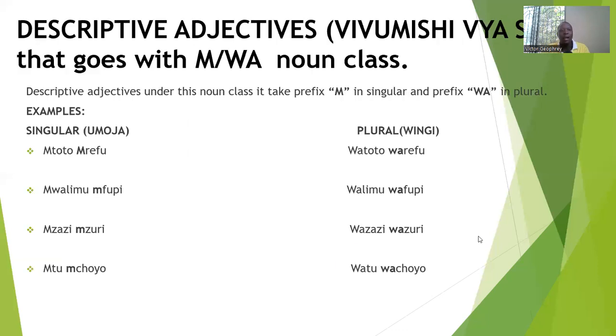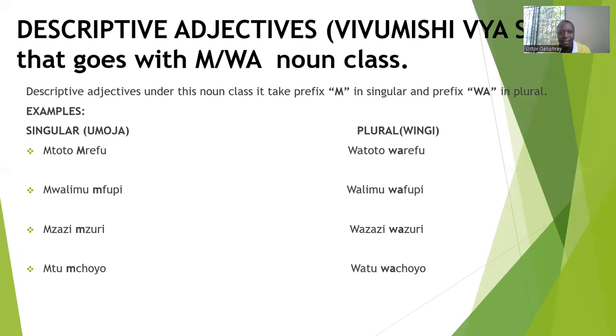Now let's see descriptive adjectives in one noun class. Under descriptive adjectives in one noun class, we just use the prefix M in singular and prefix wa in plural.